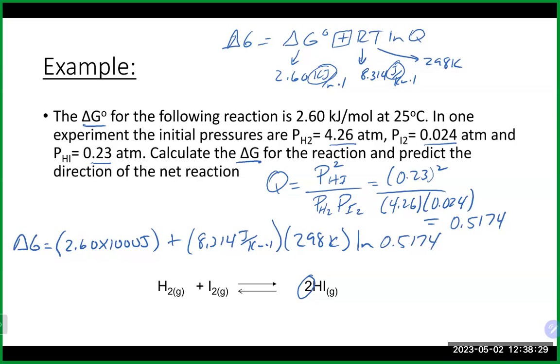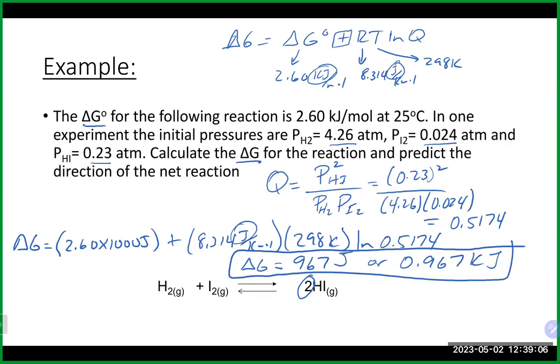All right, so taking that there, I'm going to natural log our Q, times it by 298, times it by 8.314. I'm then going to add that to 2.6 multiplied by 1,000 to convert it into joules. And I believe I end up with a delta G here of about 967. These actually would be joules in my case. Or if you wanted kilojoules, you would have something in this neck of the woods there.